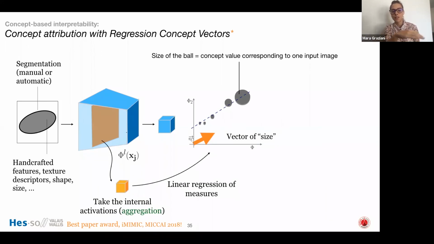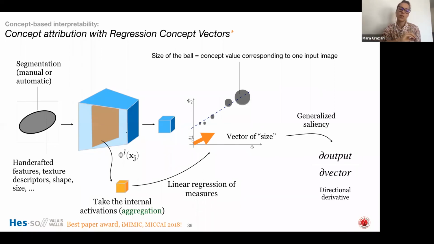And we then pass this image to the CNN, and we extract internal activations after an aggregation operation, like spatial average, for example. And these activations are computed for a set of images, and then they're used to learn a regression vector that essentially is a descriptor of the concept. And this regression is learned within the hidden space of a network, so we can do it for each layer.